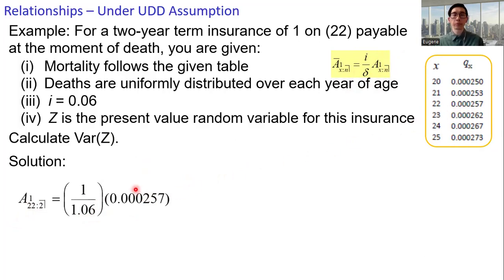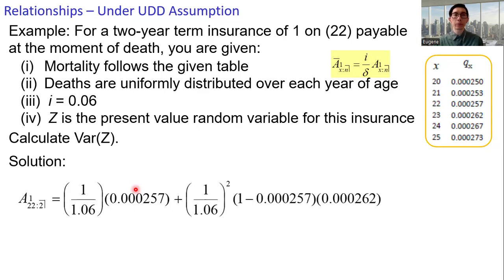And then the second term, the individual dies before reaching age 24, but after age 23. The present value is the square of 1 over 1.06. Survive the first year from age 22 to age 23, we have p22, 1 minus q22, and then death in the following year times q23.